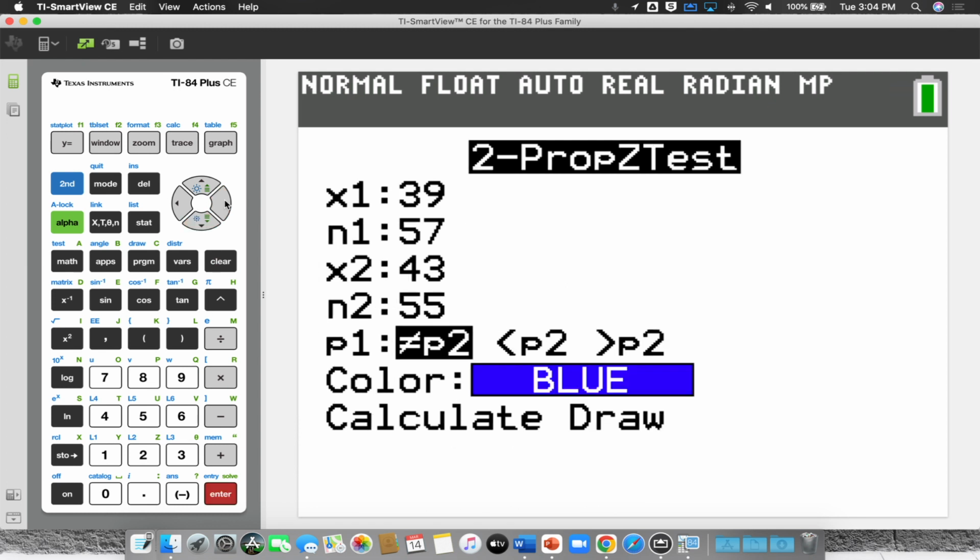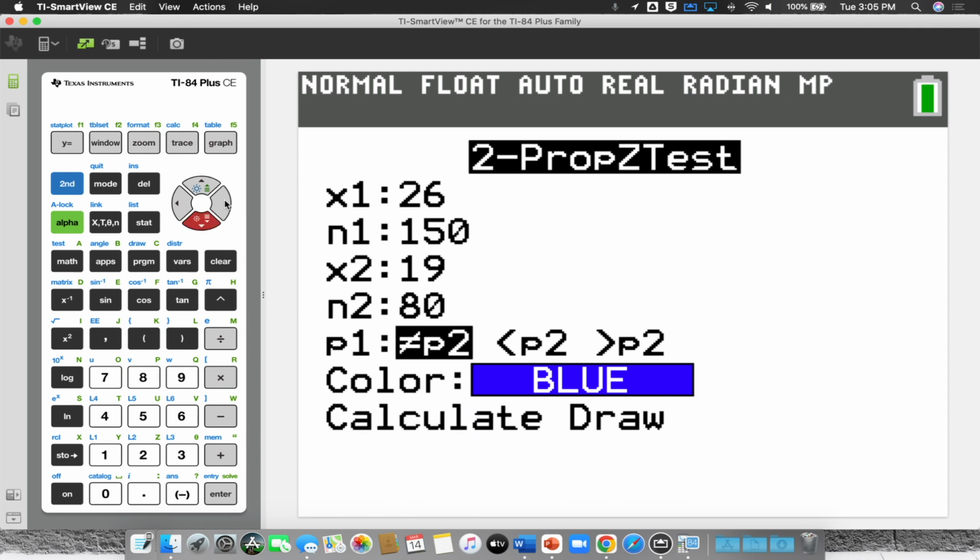So we go 6, and now I have to put in the two samples. The freshman sample was 26 out of 150, so I put 26 over 150. The second was sophomores, 19 out of 80.